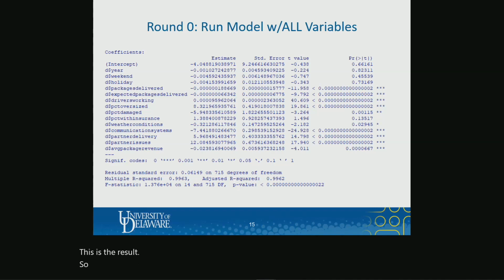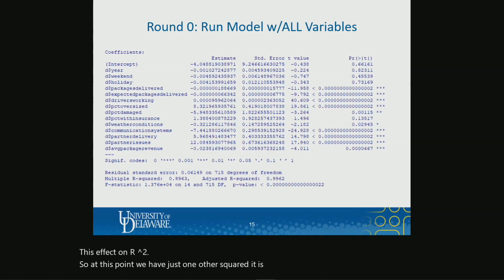So, what do you see here? What should we do now? Removing variables. Which ones? Least effect on R squared. At this point, we have just one R squared.